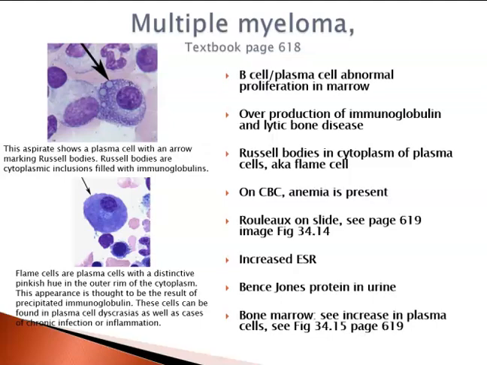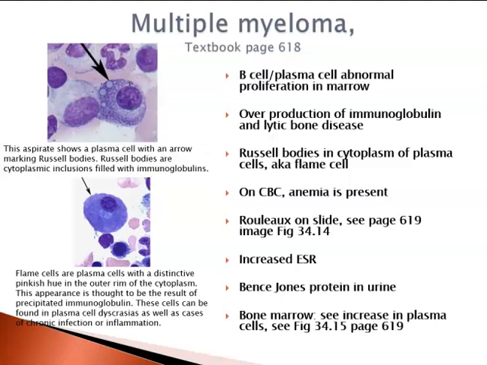Remember, immunoglobulins you can use interchangeably with antibodies. So there's an overproduction of antibodies. Also, this is a lytic bone disease. Lytic meaning there's bone breakdown or bone weakening. It even allows lesions or holes to form in bones.